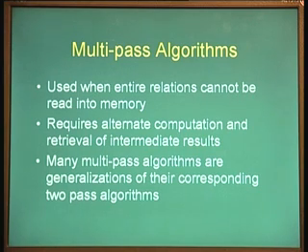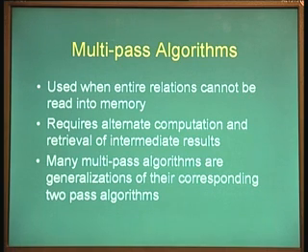Multi-pass algorithms, as the slide shows, are used when relations cannot be read into memory in their entirety. Only a part of each relation can be read into memory, and they usually alternate between reading part of a relation into memory and writing it back onto disk.